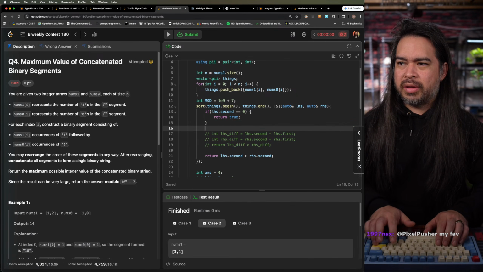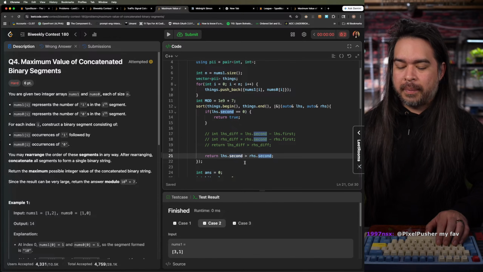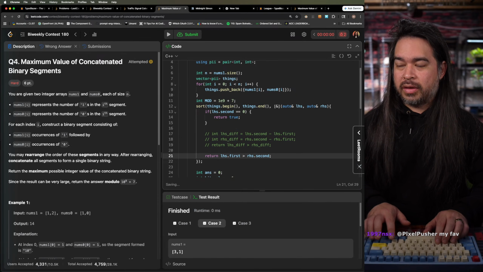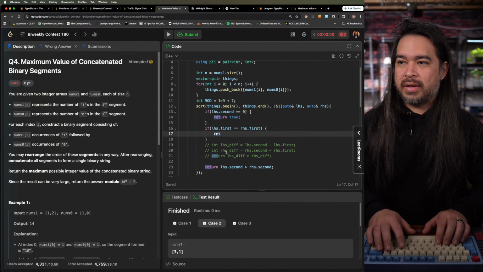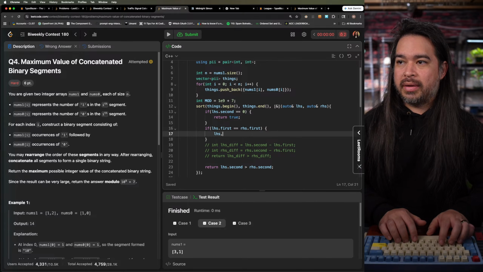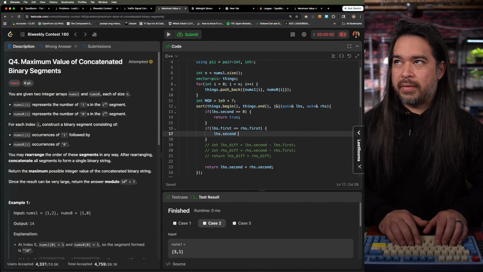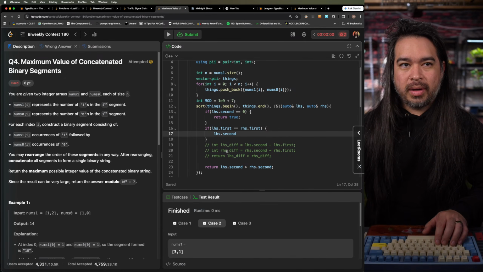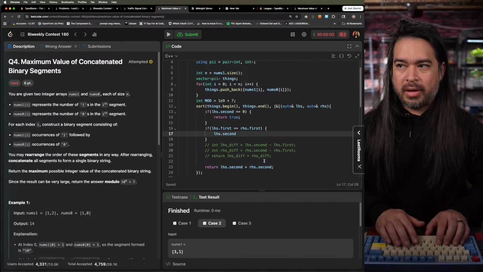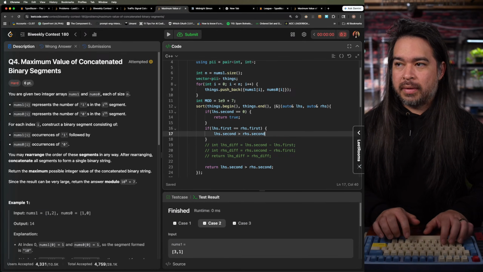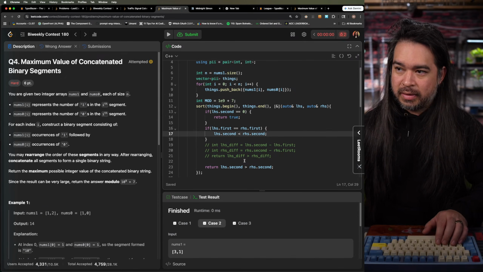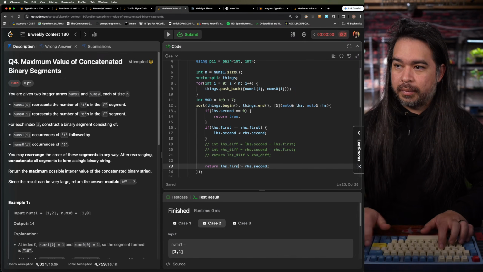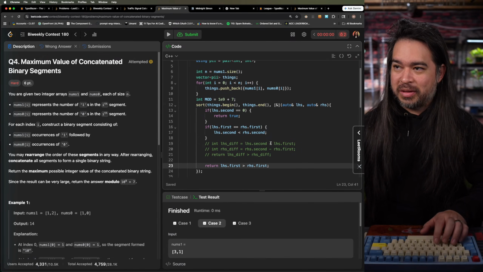Wait, maybe I don't need to do all this, man. Maybe I just do this. No, I've already defined the custom thing, so I gotta do it. So if these are equal, then we do it by the 0 value. And you say we want those with the largest zeros first. Otherwise, no, wait, largest zeros first? Smallest zeros first. All right, I think that's the sorting.